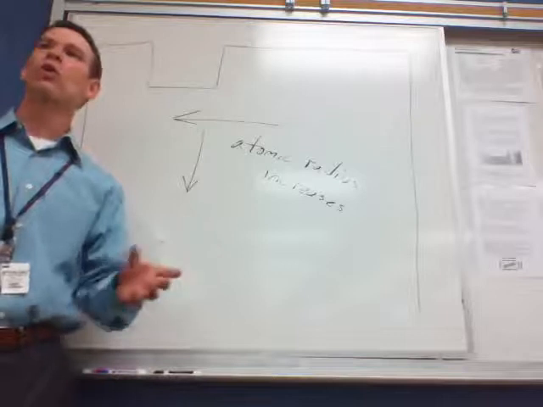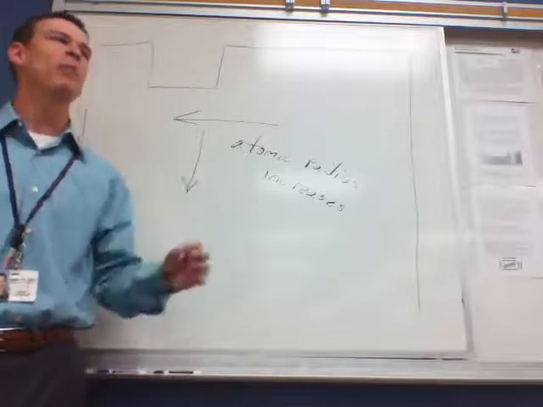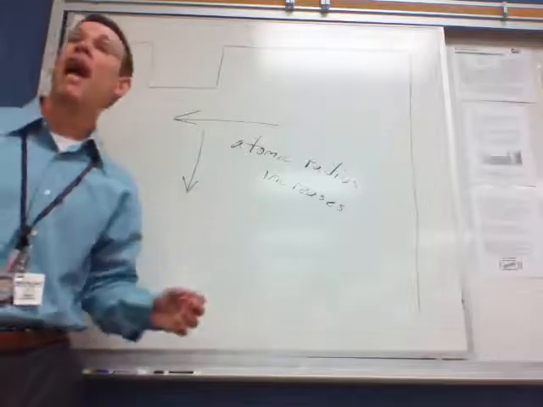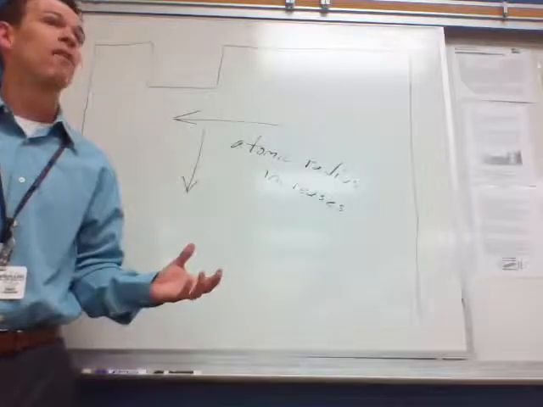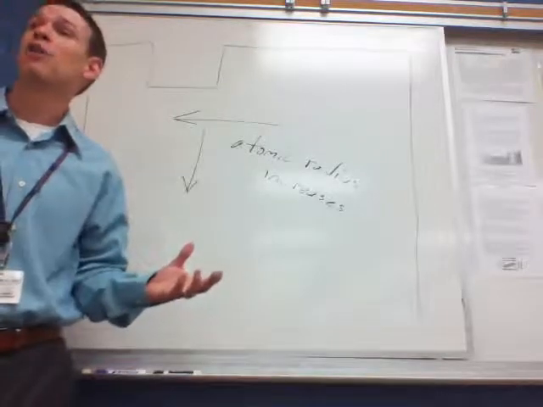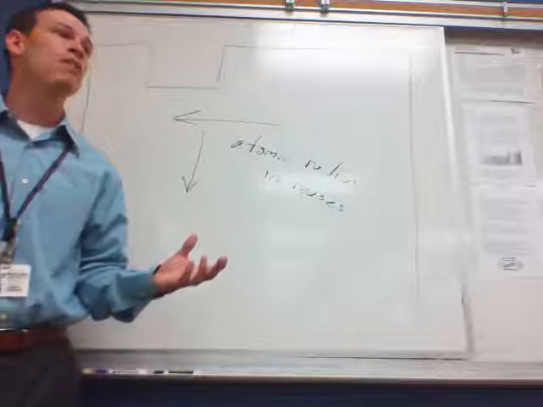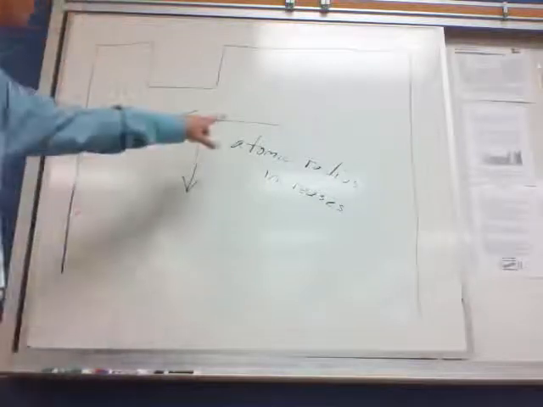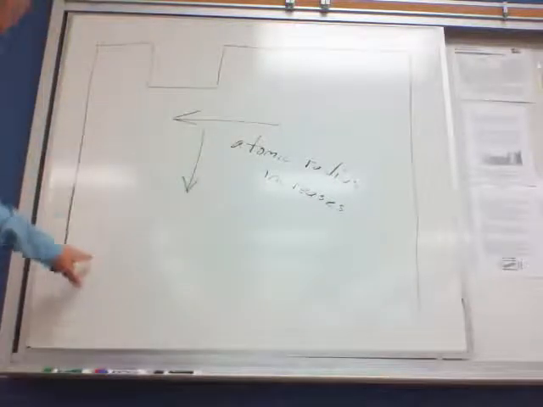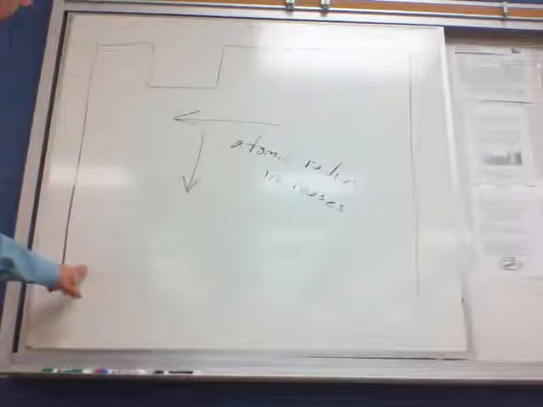So right away, you can answer a golden question of chemistry. What element on the periodic table has the largest atoms? Francium. Why does francium have the largest? Because he's as far left and down as you can go.